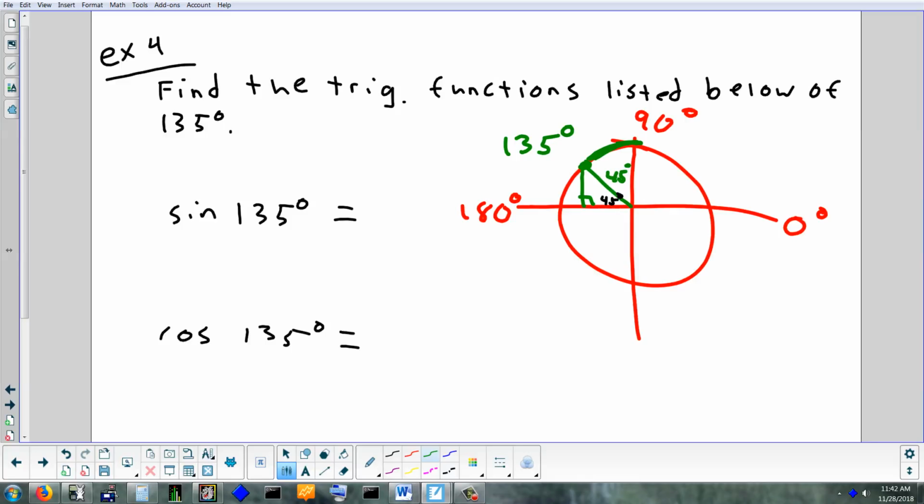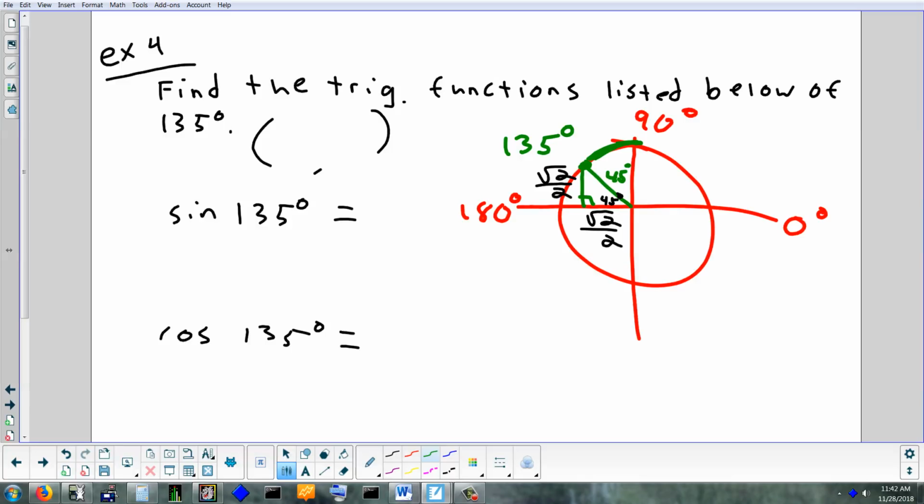How long is each side in the 45, 45, 90? They're both root 2 over 2. Now, when we write the coordinate, what do we have to be careful about? Negatives. They're both root 2 over 2, but you went left and you went up.